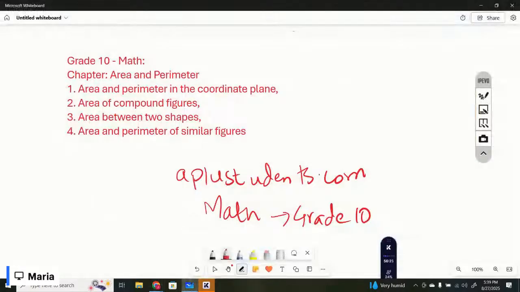The lessons we covered today are area and perimeter in the coordinate plane, area of compound figures, area between two shapes, and area and perimeter of similar figures. Please complete all the practice questions for these lessons before the next session. That is your homework.